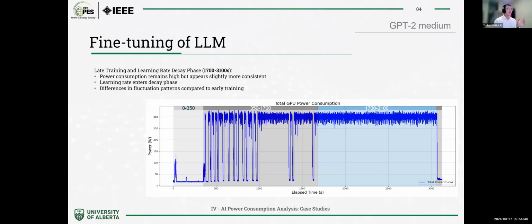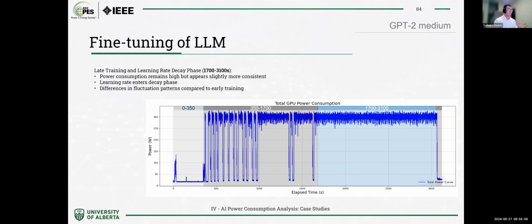So after this stage, in the third stage, we reach a very steady phase. In this phase, the power consumption is really similar to the training stage, and the learning rate will enter the so-called decay phase.